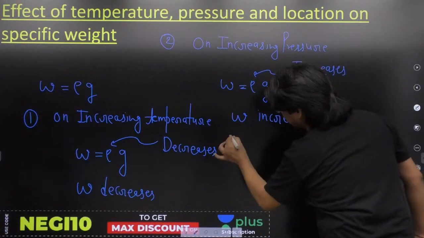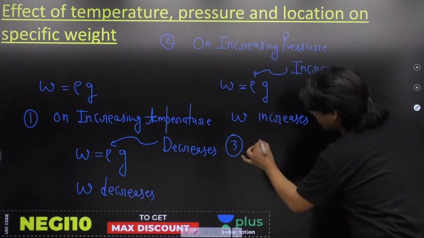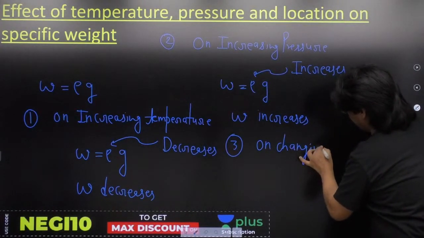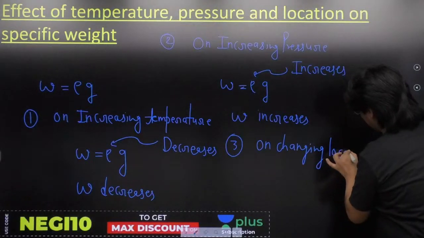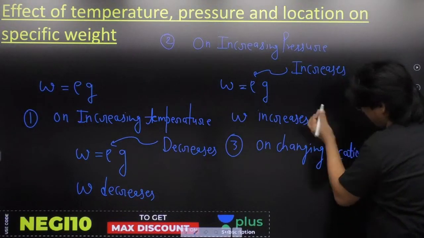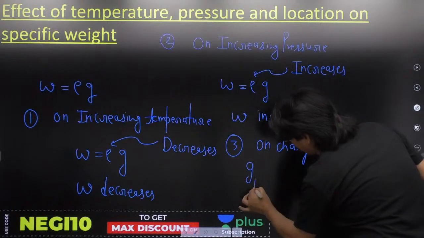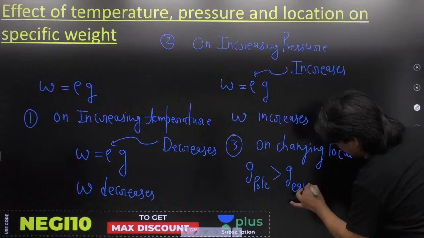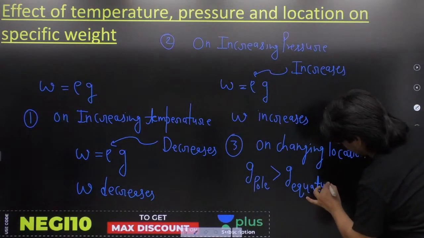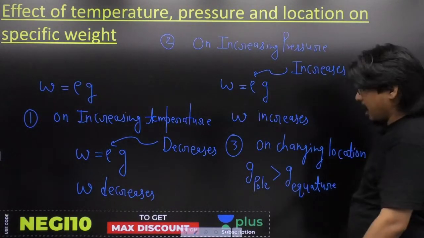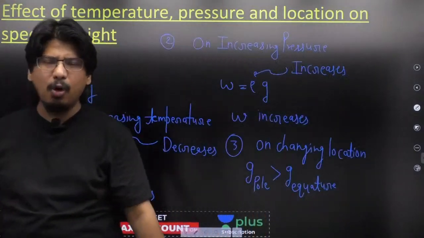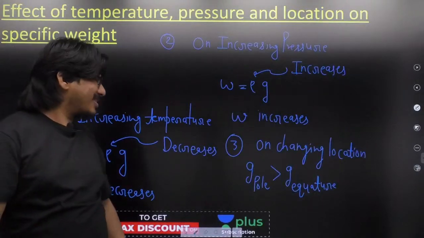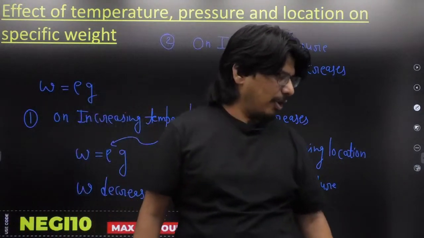Now the third point, on changing location. I have told you, if you change the location, it is quite possible G will change. For example, G at the pole is more than G at the equator. So if you go to the pole, the specific weight will be more as compared to the specific weight at the equator.